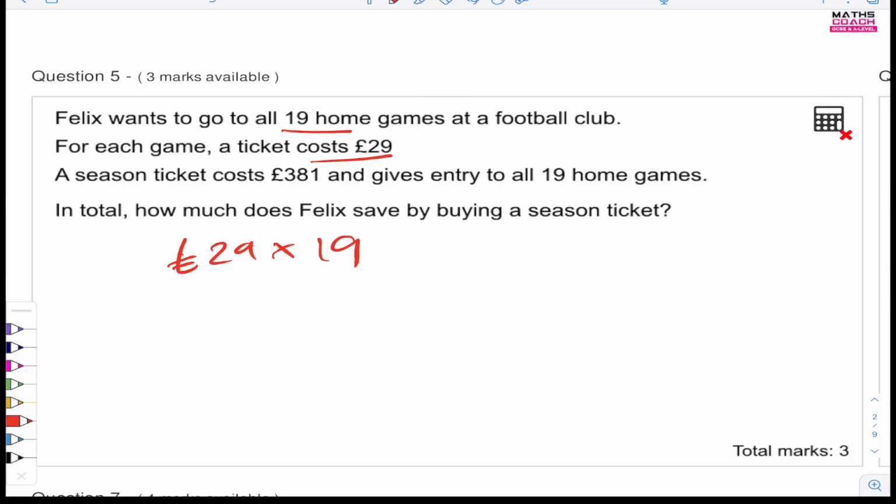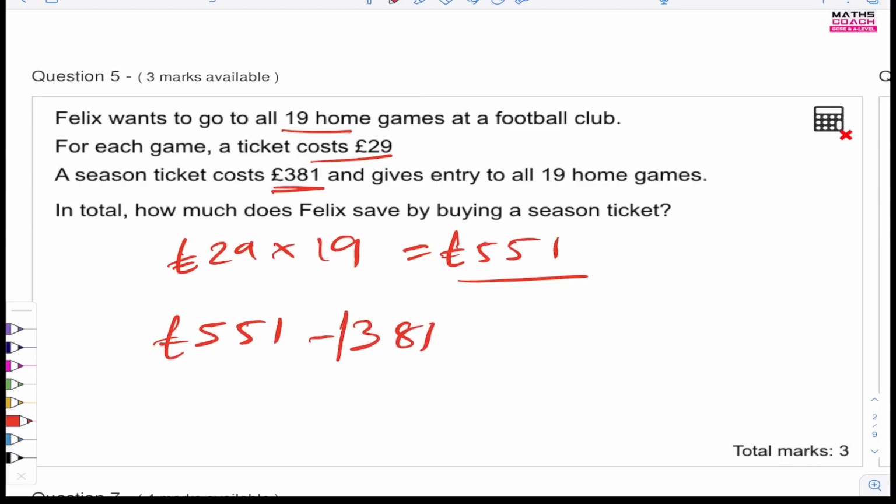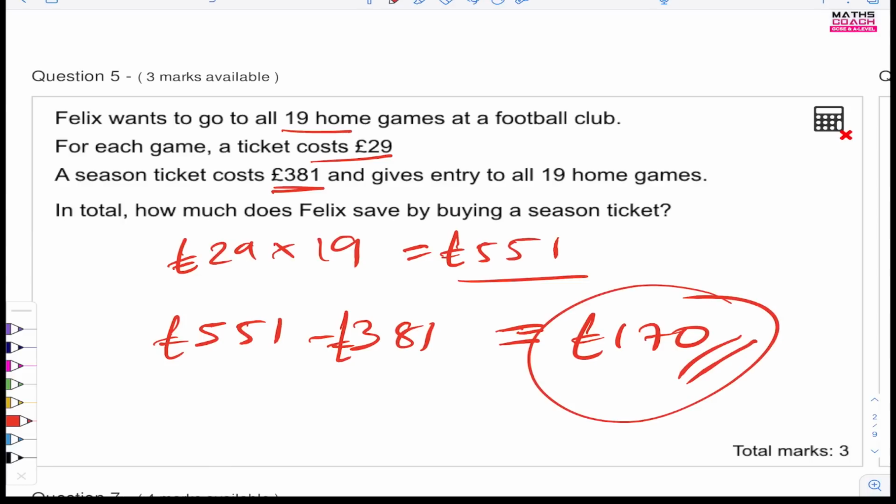So that gives us £551. And if you buy a season ticket, it's only £381. So if you find the difference between that, so if you do 551 minus 381, that gives us £170. So that's how much you can save, £170.